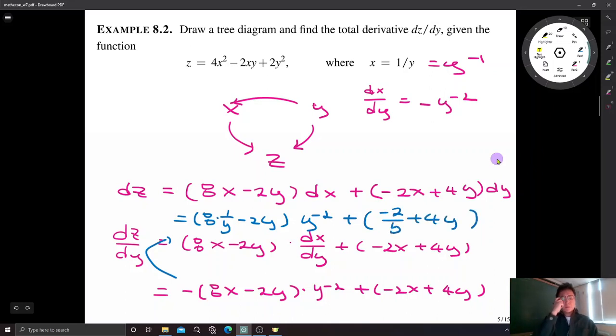Because we want to see how variable z changes over y, meaning that we consider z as a function of y. So this is not a partial derivative but a total derivative, right? We have to translate the expression into a function of y by way of a substitution like this.